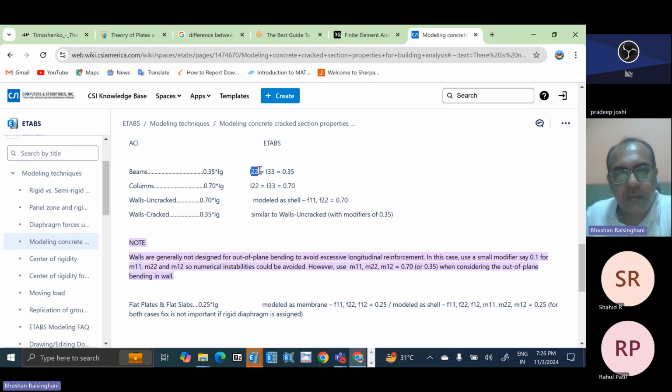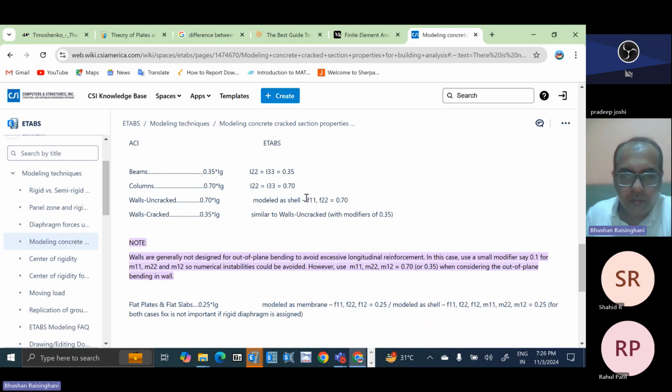Okay, that's why for 2 and 3 we are giving the modifier, not 1, which is the longitudinal direction of the beam. Same, 1 is the longitudinal direction of the column, so it is not given. So 2 and 3 is 0.7. That is the major axis, minor axis. 0.7 is the flexural stiffness for the beams and columns.